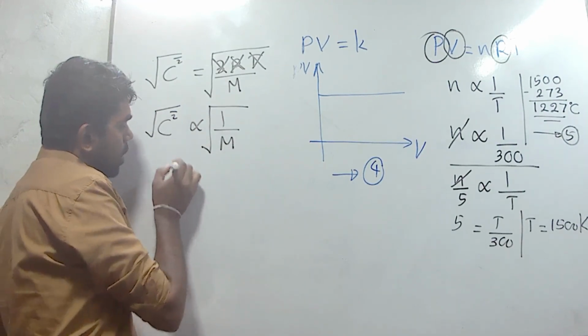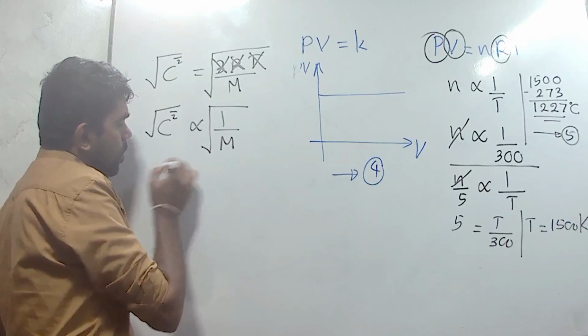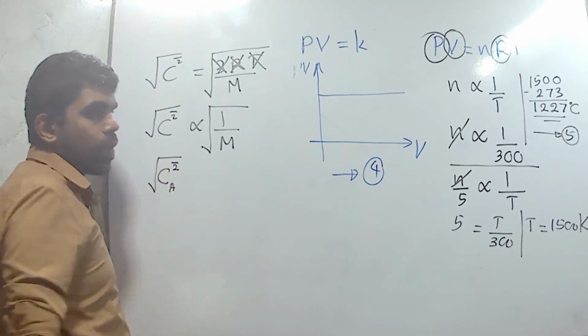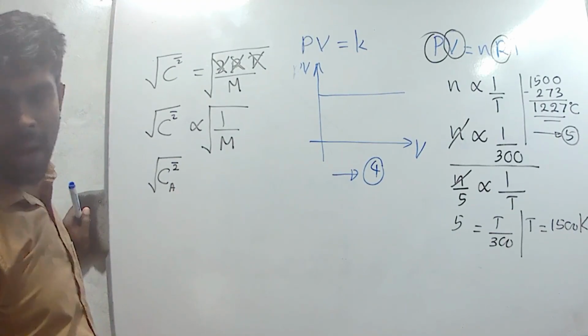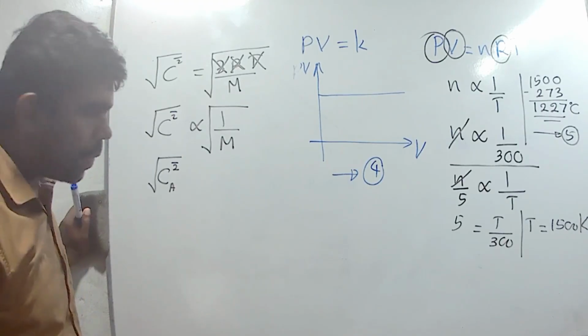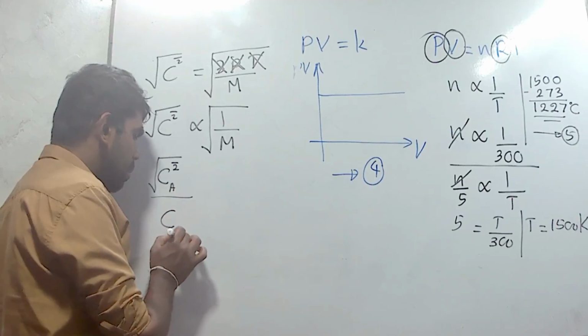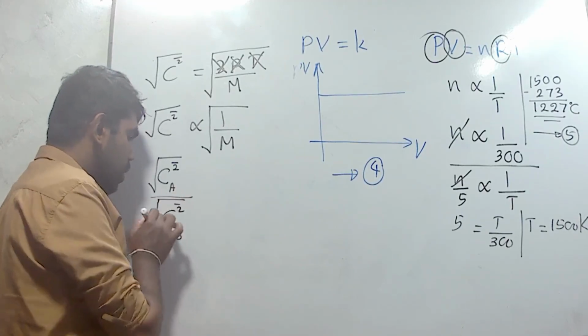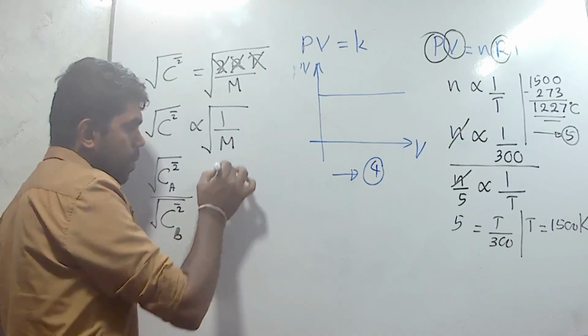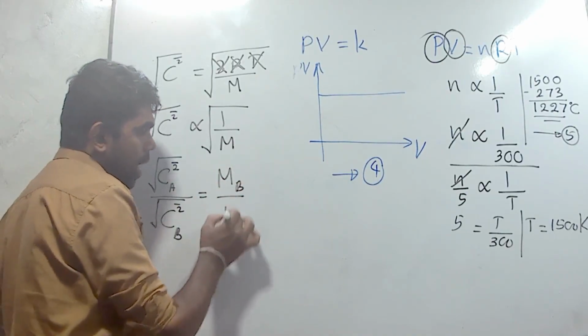Then we can get the root mean squared velocity of gas A divided by the root mean squared velocity of gas B should be equal to square root of MB divided by MA.